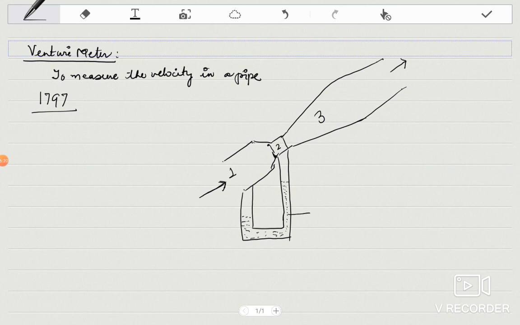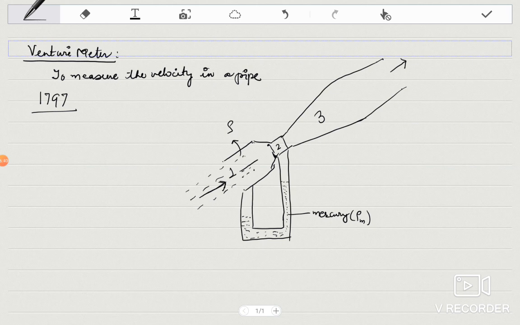This is mercury with density say rho m or sigma, and this is having a fluid passing through it, and it is having a density rho.